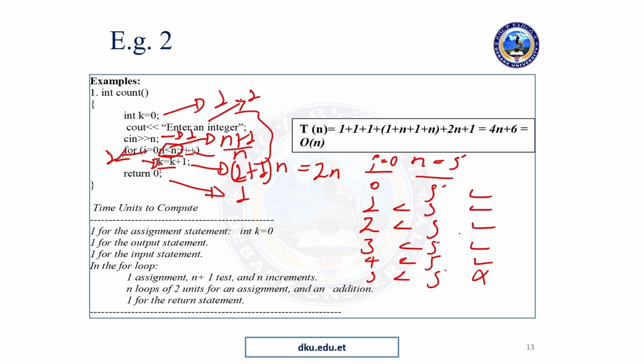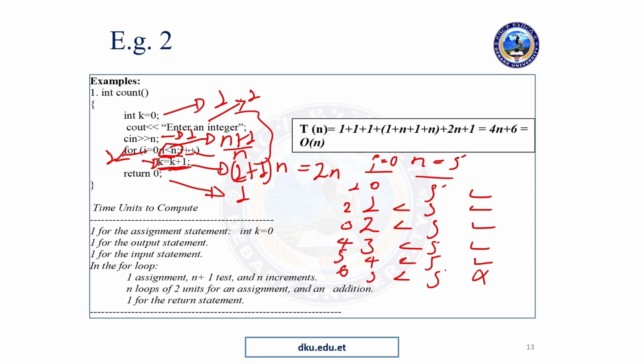Which means this loop condition will be checked how many times? 1, 2, 3, 4, 5, and 6, right? Which means the value of n is 5, then this statement is checked 6 times, which means this statement is checked n plus 1 times.